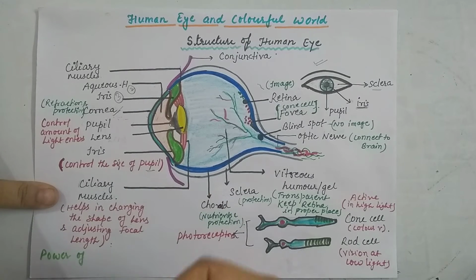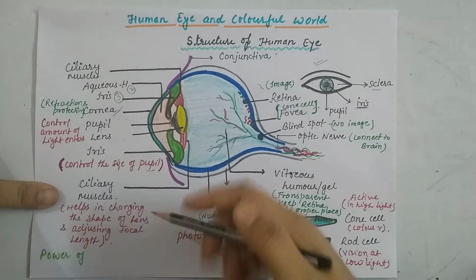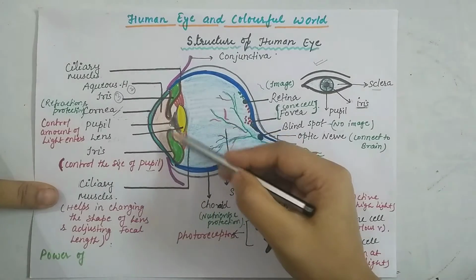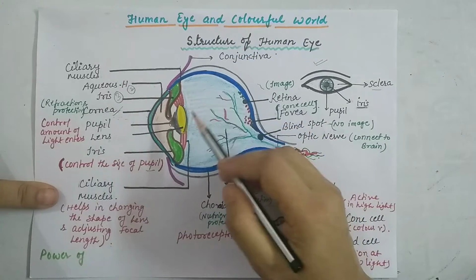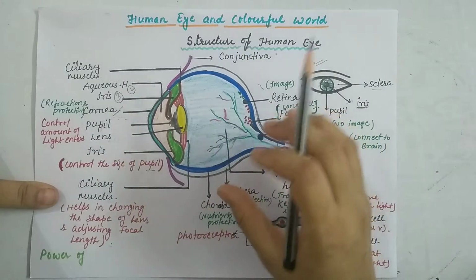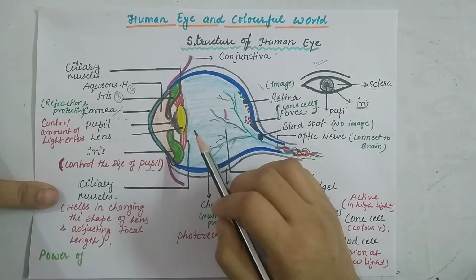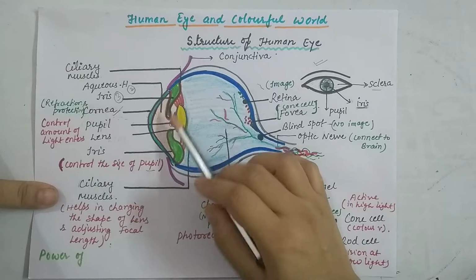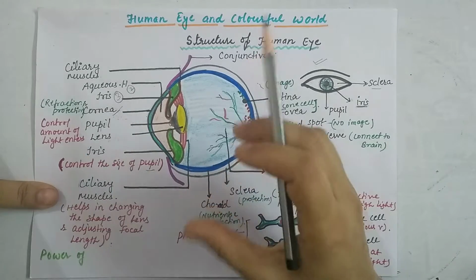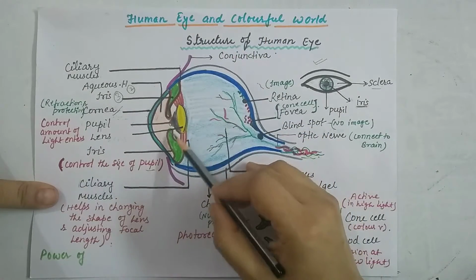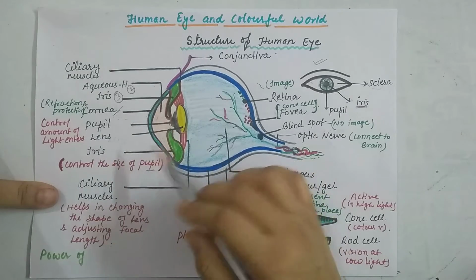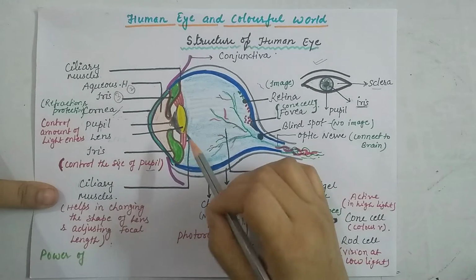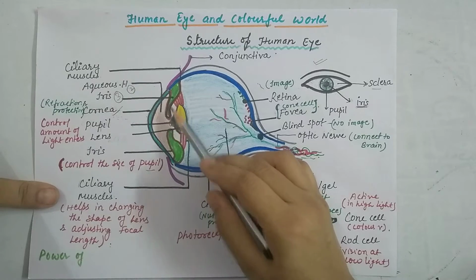If there is a high intensity of light, then the iris closes and helps to control that a particular amount of light enters the eye. So the iris always changes its shape and size accordingly and adjusts the pupil, deciding how much light should enter the eye. This is the function of the iris and pupil.